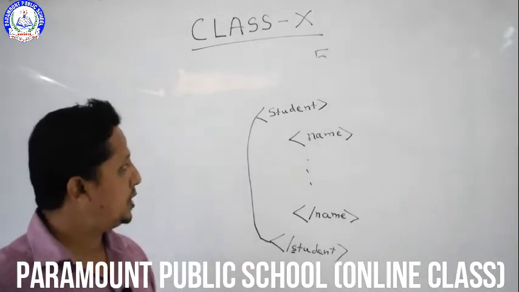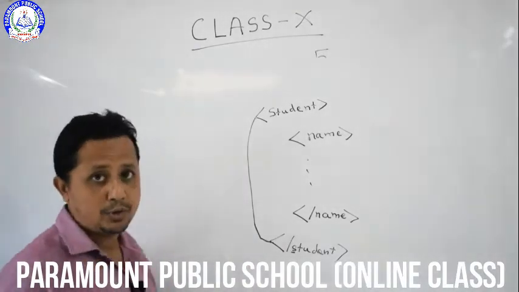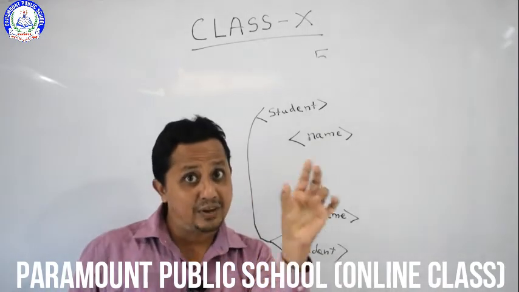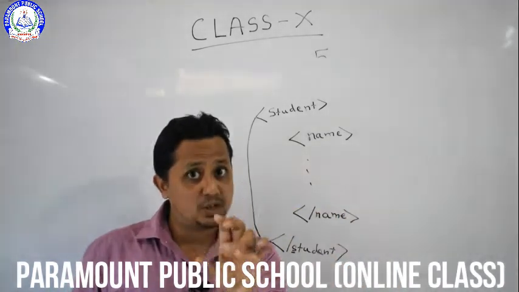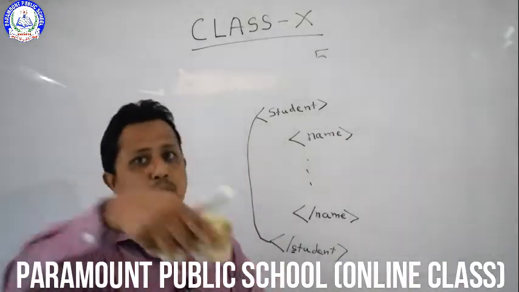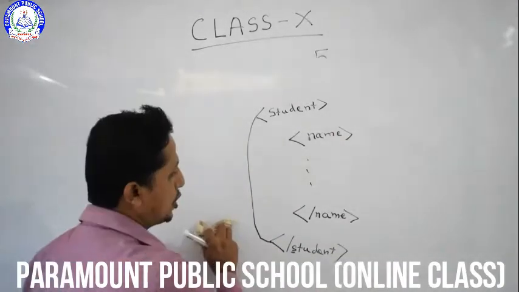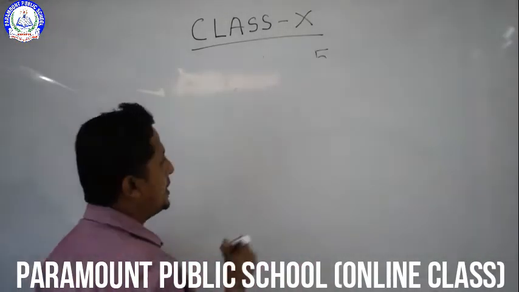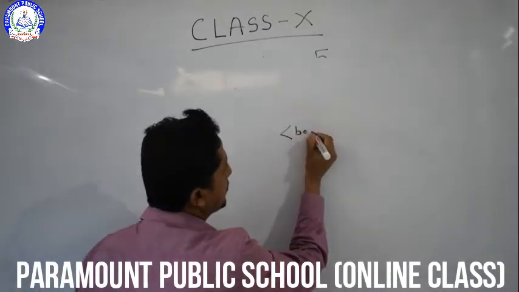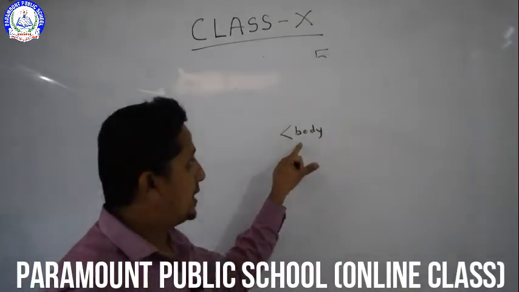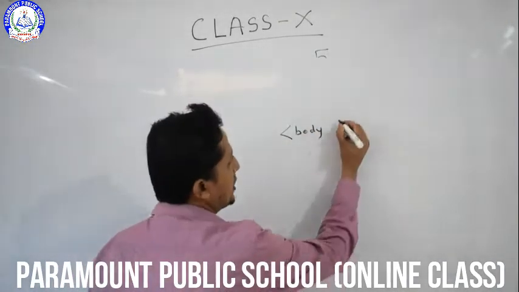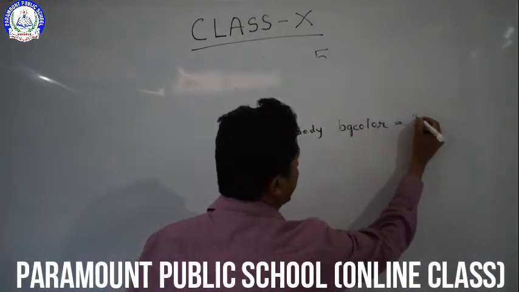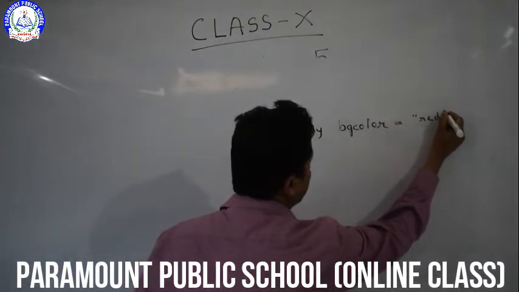Another difference is based on attribute. Attribute, as I told you earlier, what is attribute? Attribute means the name associated with a tag which gives a value to that tag. I am just showing an example. Say body. Body is the name of a tag in HTML. bgcolor is equal to, say, red.